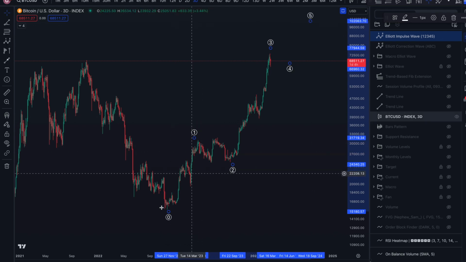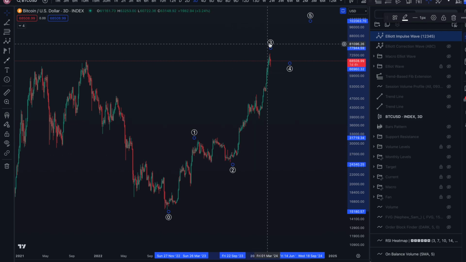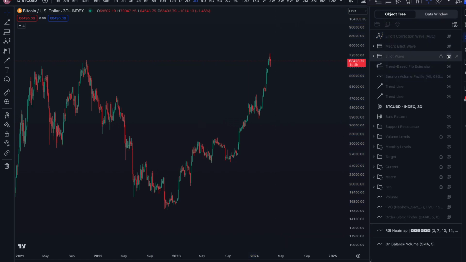So I've got the 1, I've got the 2, I've got the 3, but the 3 for me is not complete, because within the 3 I've got 1, 2, 3, and that's it. I don't have 4 and 5, which I need to make this 3 complete. So let's go into the analysis that I've done on this.